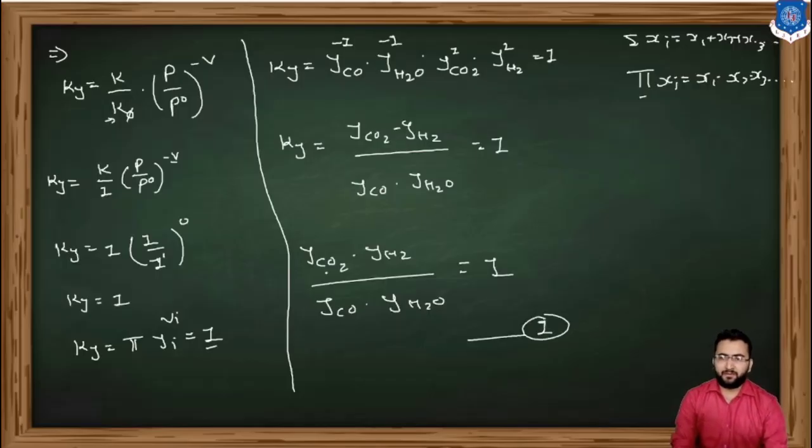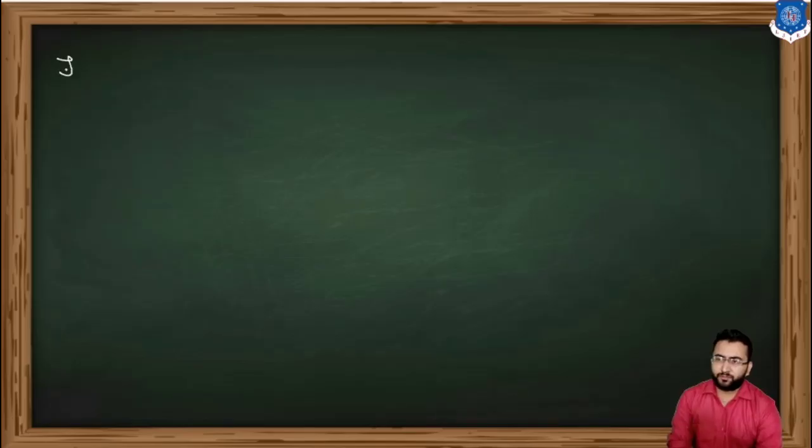Now let's find the value of y of CO2. To find y of CO2, first write the generalized equation. Yi is equal to NiO, which is the initial mole of the component, plus summation of Vi epsilon upon NO, which is the total initial mole, plus V into epsilon.